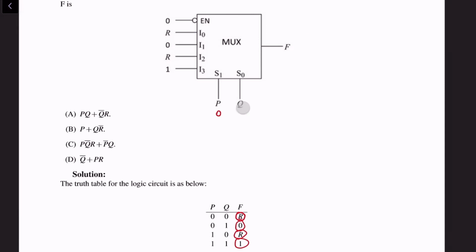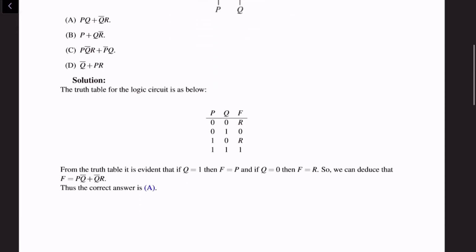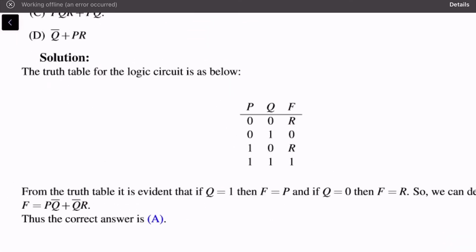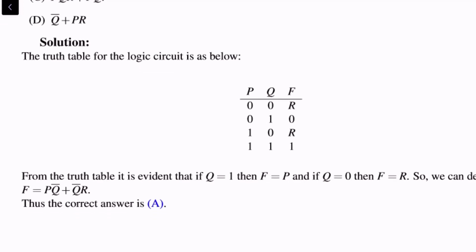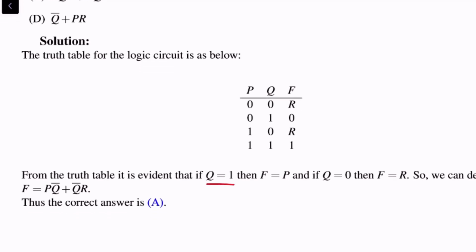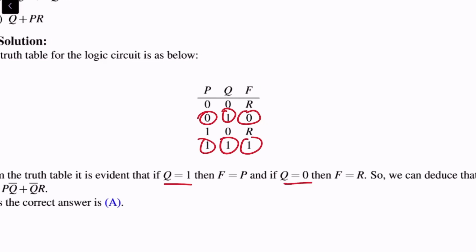Now, with the truth table built, you can clearly see that whenever Q is equal to 1, then F is equal to P. It was 0 here and it's 0 here. It was 1 here and it's 1 here. And if Q is equal to 0, then F is equal to R, right?